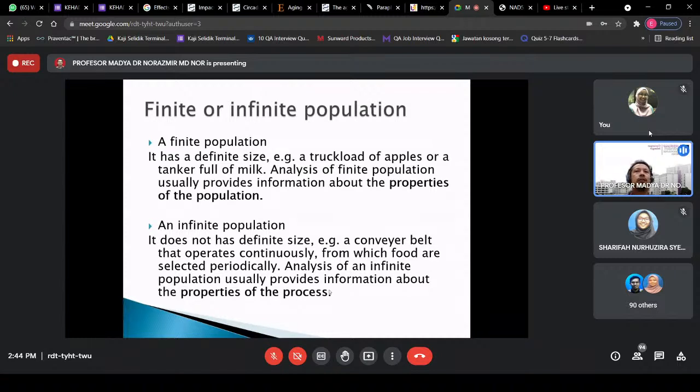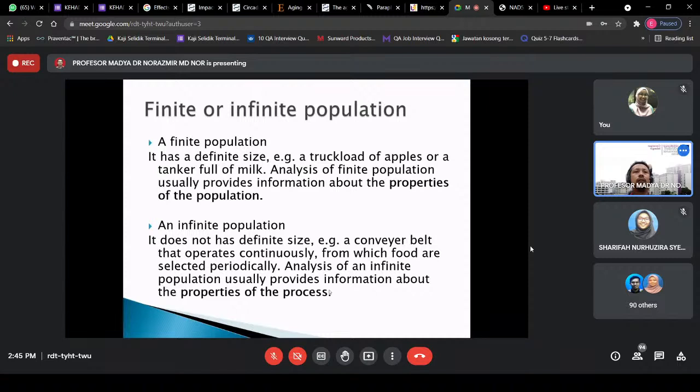So analysis of a finite population usually provides information about the properties of the population. It is something that carries the product or the sample, or a container for the sample. That's a finite population.